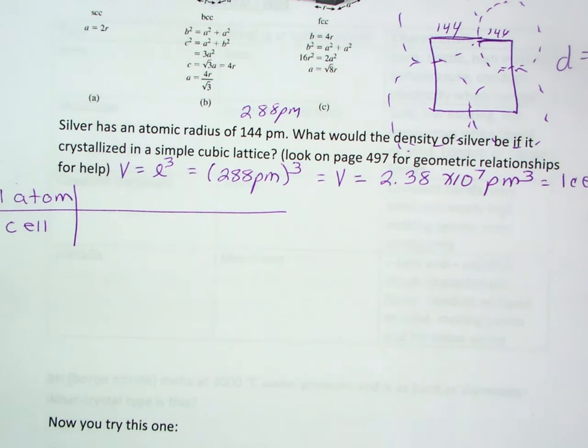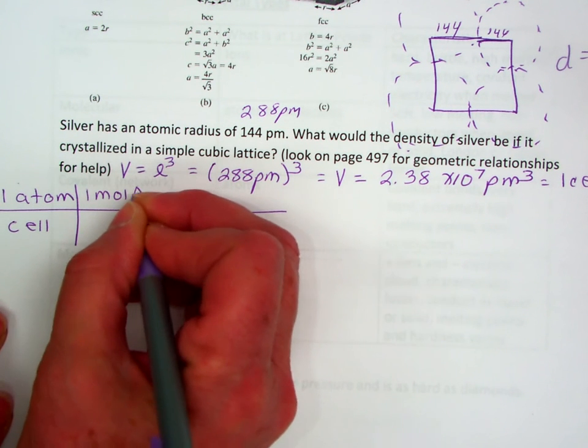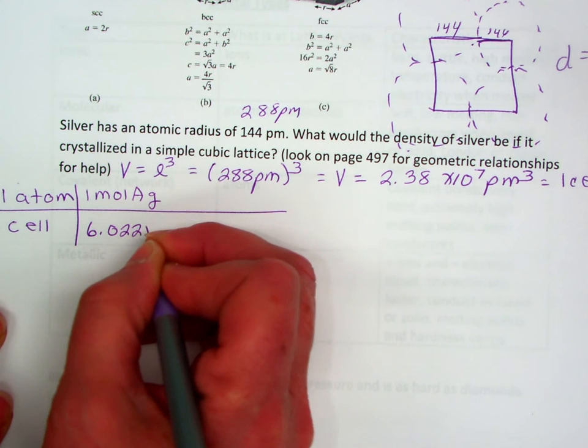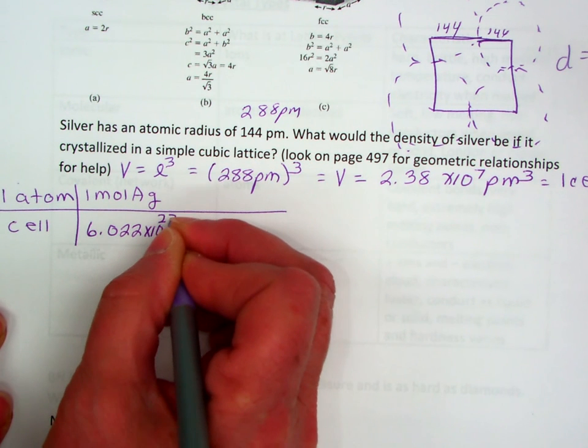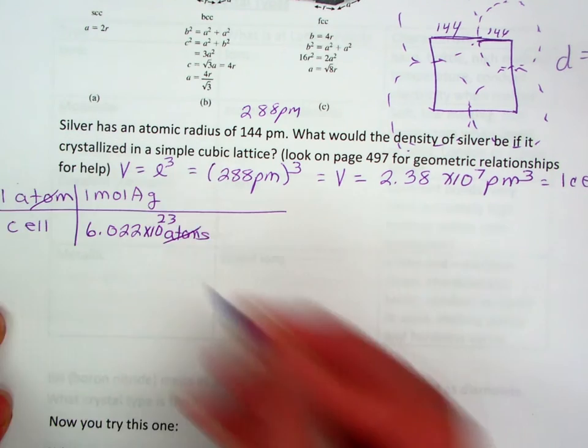How do I change atoms into mass? Use Avogadro's number, right? We know that 1 mole of atoms, 1 mole of silver, is Avogadro's number, 6.022 times 10 to the 23rd atoms. So my atoms cancel, so I know now moles per cell.